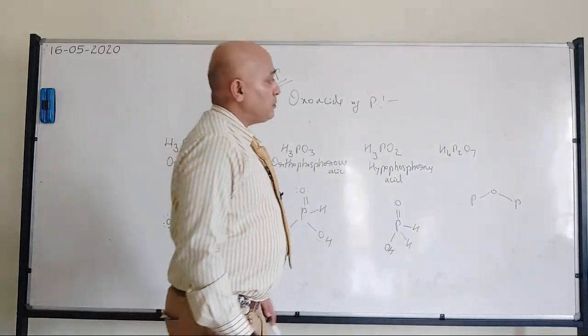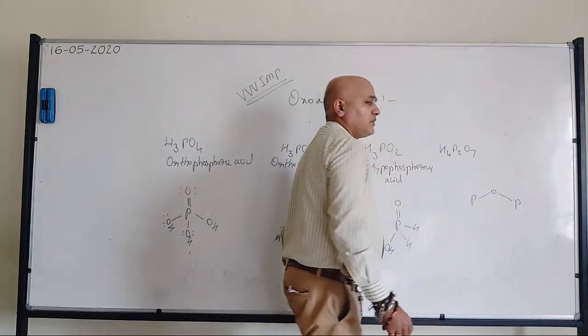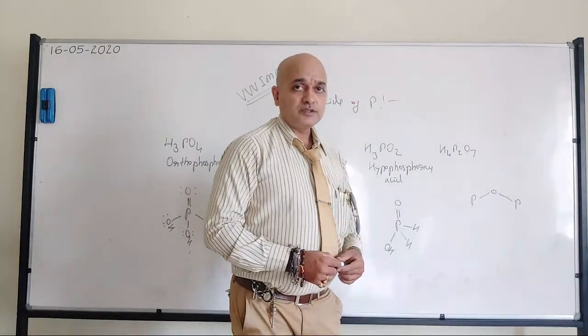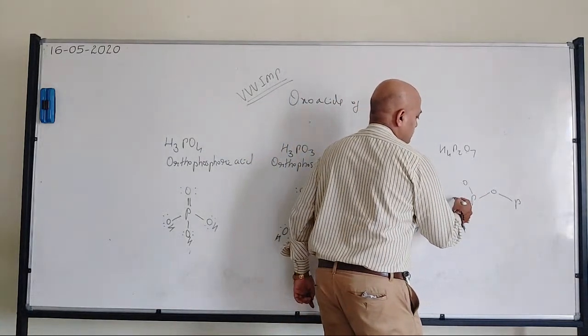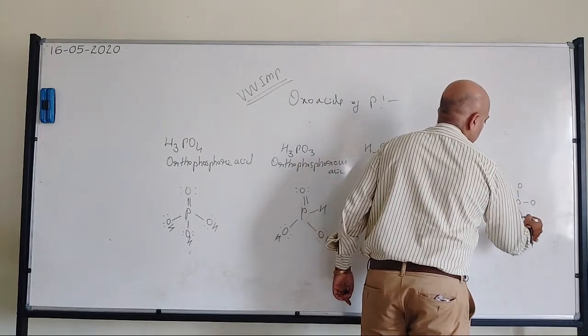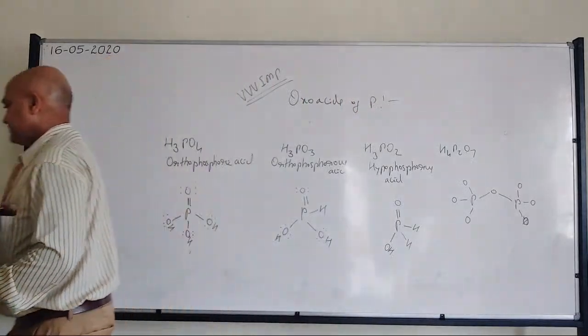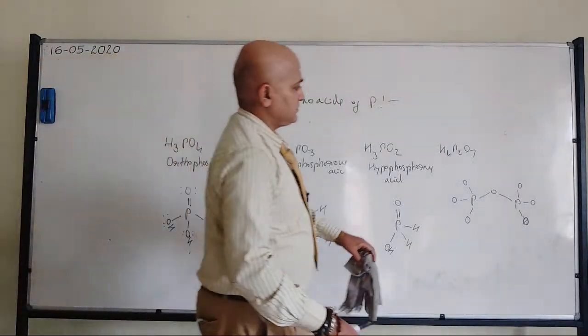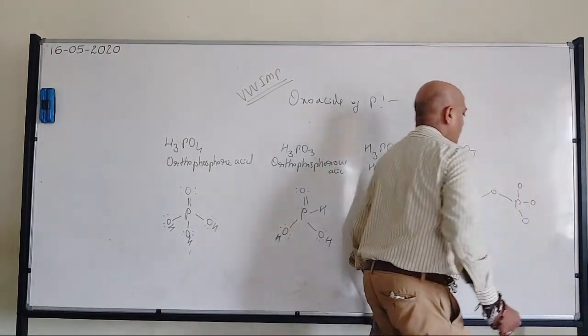Fine. H4P2O7. So that means among 7 oxygens, 1 is utilized, so still 6 are there. So that's where we have the oxygen.